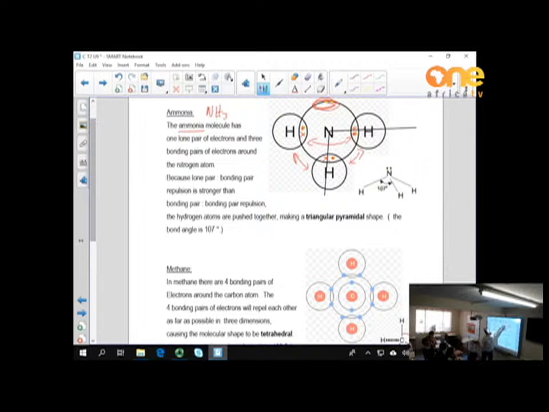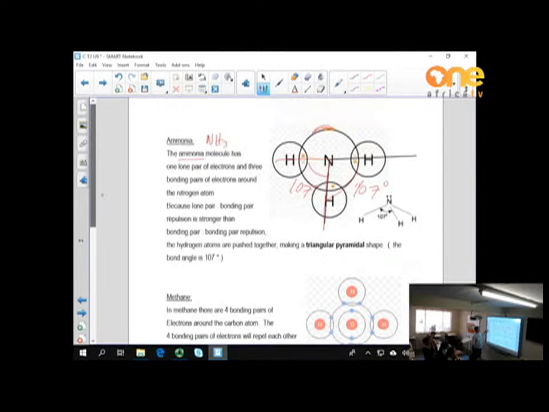We've only got lone pair, bonding pair repulsion, and bonding pair. That is why we find that the bond angle in the ammonia molecule, that angle, is slightly bigger than in water, because the forces pushing those hydrogens down to one side are slightly weaker. So the angle over here is 107 degrees. Same over there as well, 107 degrees. All right. Okay.